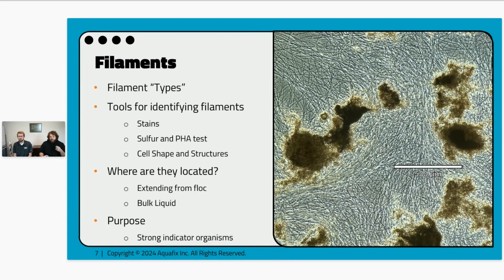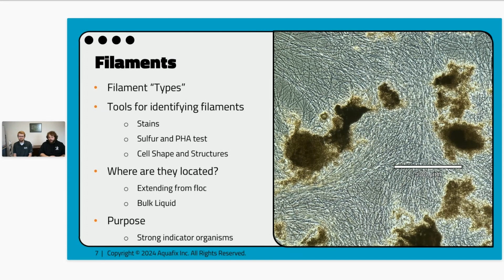So when we look at tools to identify filaments under the microscope, our number one tool is just using bright field and phase contrast microscopy. Phase contrast lets us look at the sample with a different sort of view. It's within the name, but it's creating extra contrast in your image. This image, for instance, which is a plant suffering from an unfortunate breakout of filaments, is a phase contrast image.